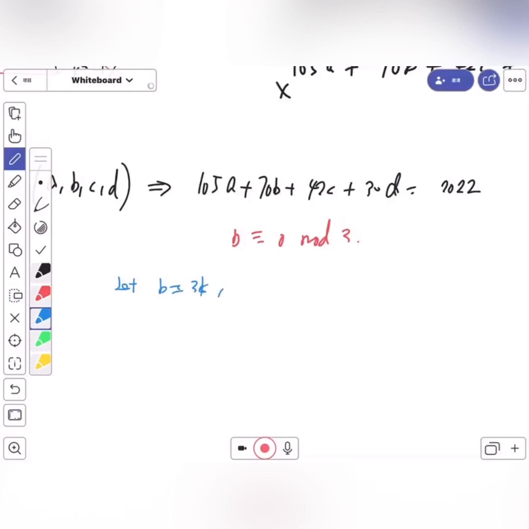Then this expression becomes 105a plus 210k plus 42c plus 30d. Now we also know that a must be odd, so a is 2x plus 1.